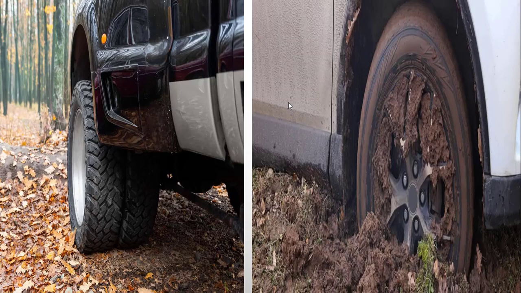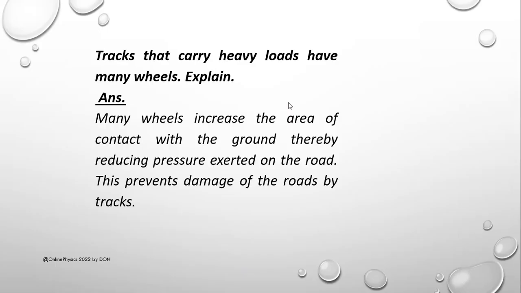From this diagram here, we have explained something. In relation to this, we are talking about the area of contact with the surface. So many wheels increase the area of contact with the ground, thereby reducing pressure exerted on the road.